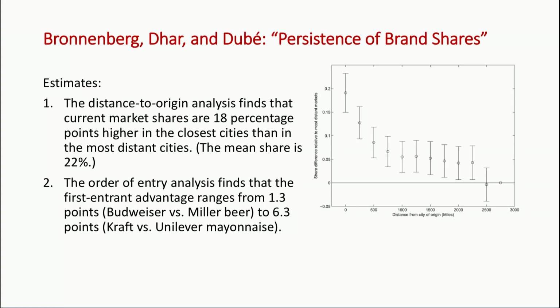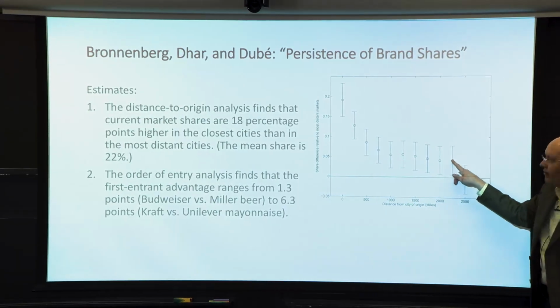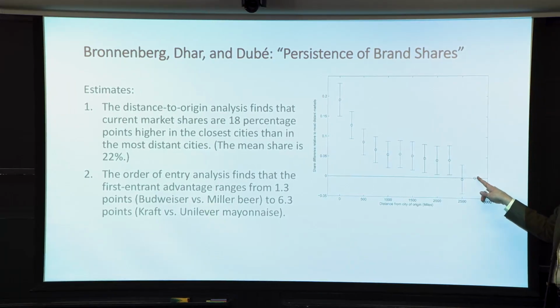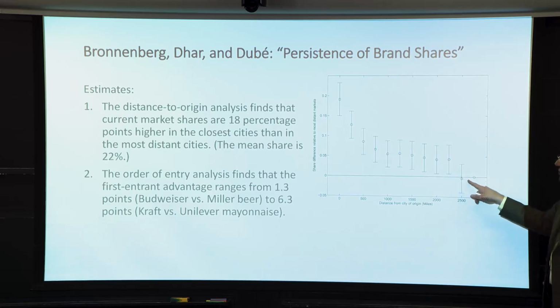We get this big effect for your origin city, and then it declines as we get to 250 miles, 500 miles, 1,000 miles. It then seems to be fairly flat, and then it goes down a lot when you get to the opposite coast of the United States. East Coast products are selling noticeably less on the West Coast, and West Coast products are selling notably less on the East Coast.